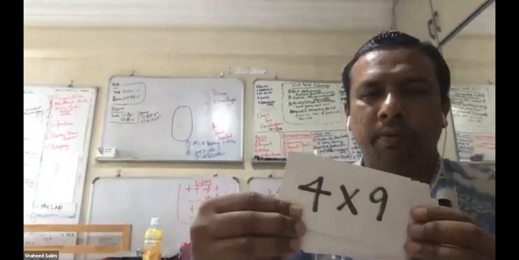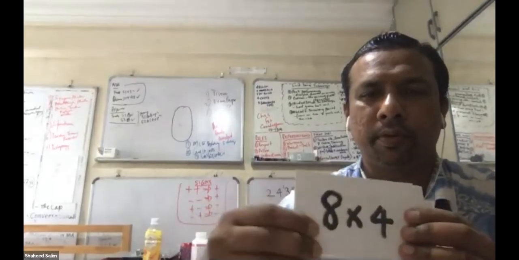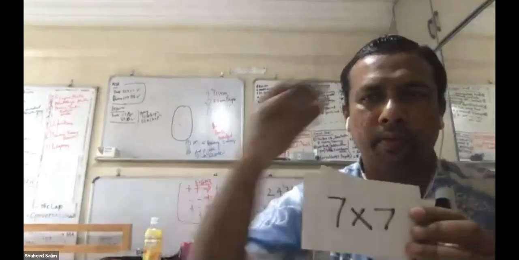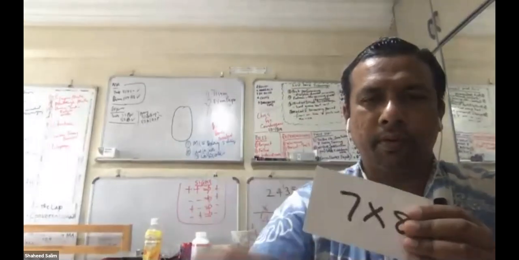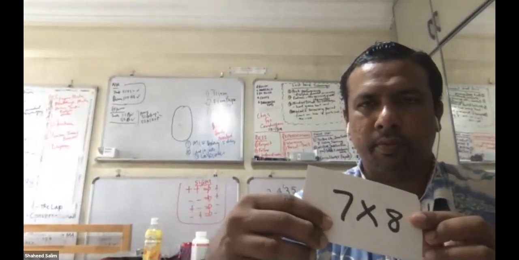Good. 36. Good. 32. 28. 42. Good. 32. Good. 20. Good. 49. Good. 56.